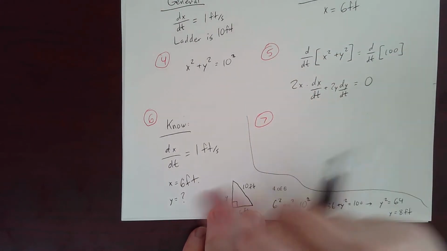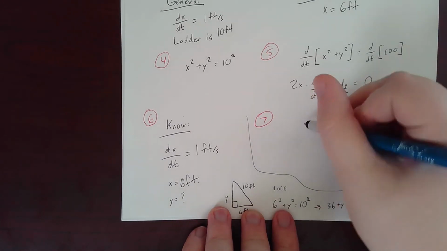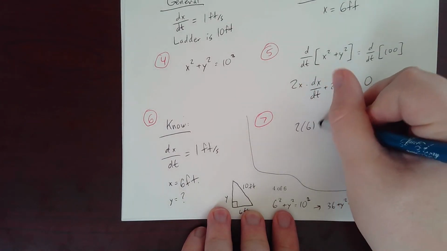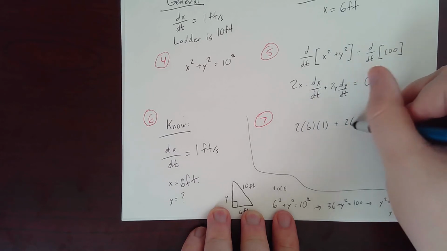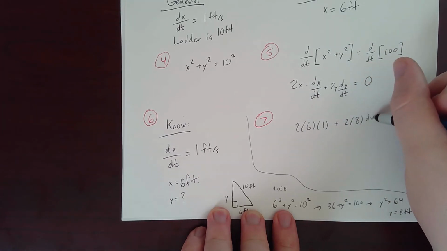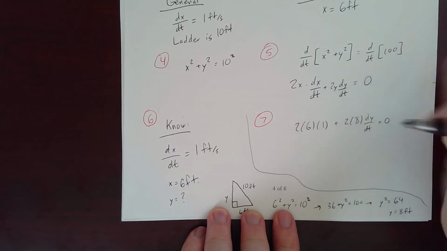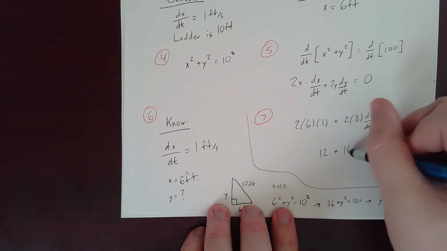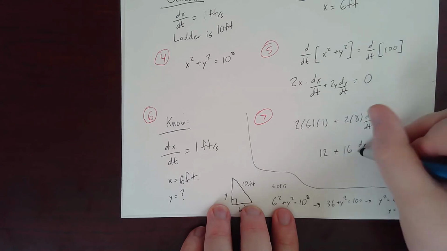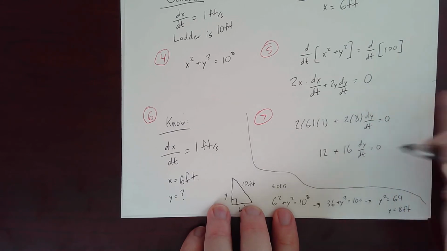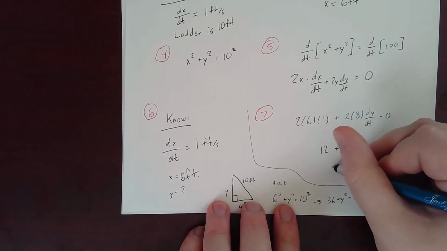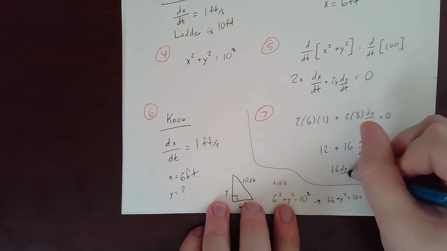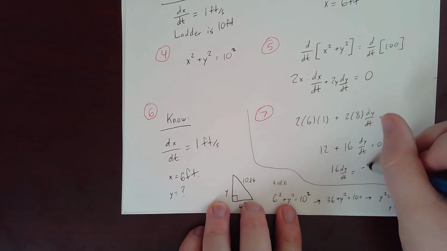So taking this equation and plugging in the things we know, we'll have 2 times 6 times 1 plus 2 times 8 times dy/dt equals 0. So multiplying through, we'll get 12 plus 16 dy/dt equals 0. We'll subtract over, so 16 dy/dt will equal negative 12.